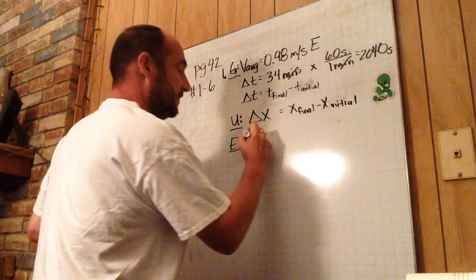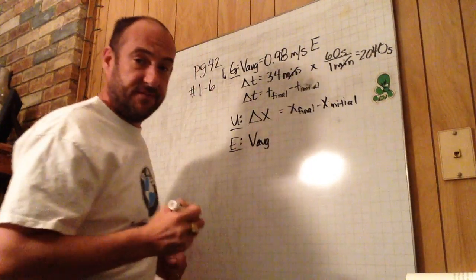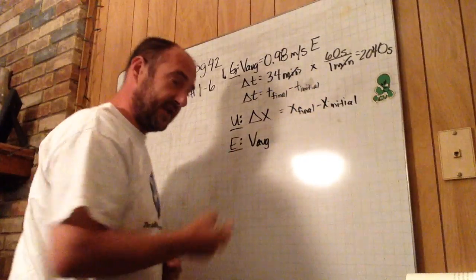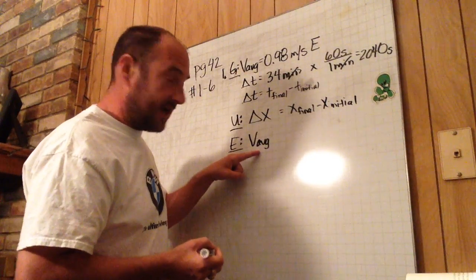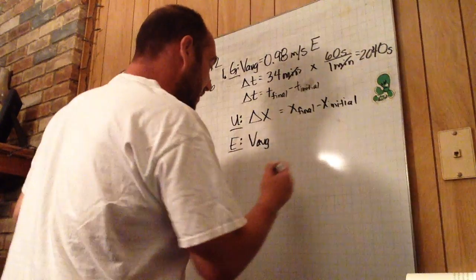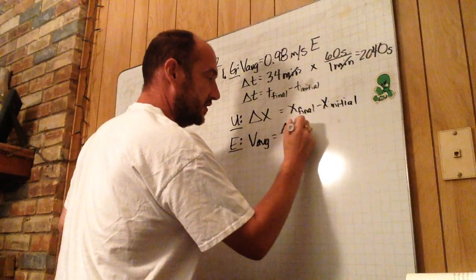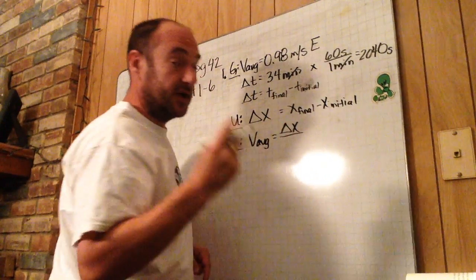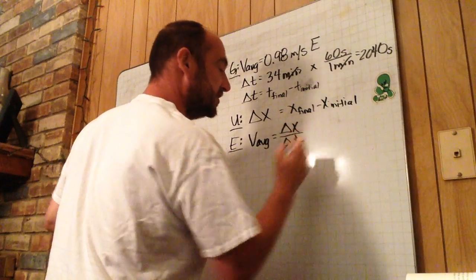The equation for V, for average velocity, where V is velocity, AVG is average, and this would be V sub average because it is a subscript, equals delta x, or displacement, distance, divided by change in time.